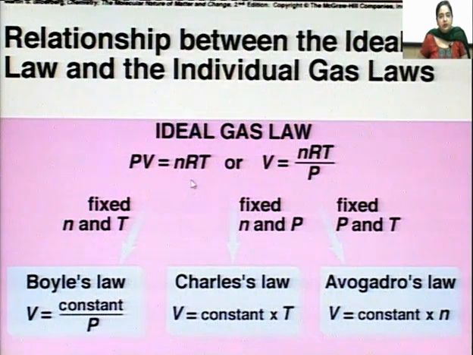PV is equal to nRT, or V is equal to nRT over P. Boyle's law: V is equal to constant over P. Charles' law: V is equal to constant into T. Avogadro's law: V is equal to constant into n. So, PV is equal to nRT. This is the ideal gas equation.